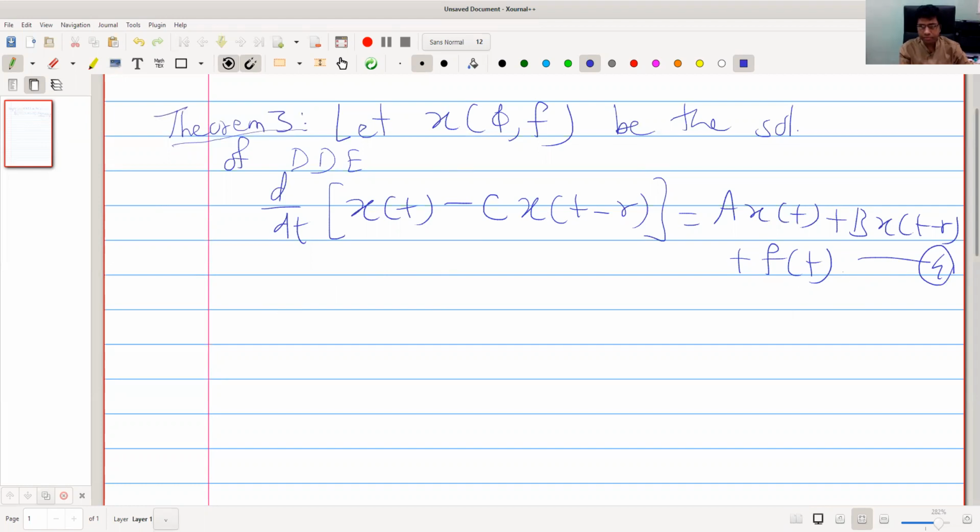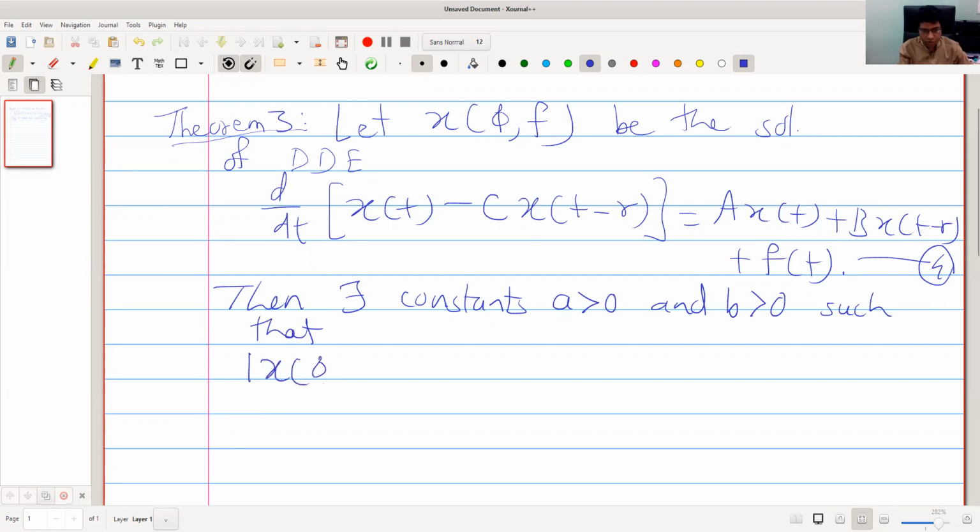Then there exist positive constants a and b such that mod of x of phi, f of t is less than or equal to a e raised to bt into norm phi plus integral from 0 to t mod of f of s ds.